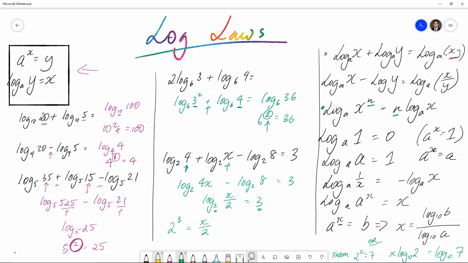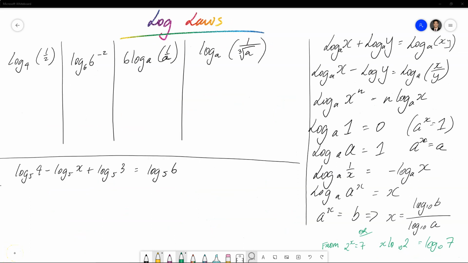In this case, we already know it. It's been given to us that it's 3. We actually just need to work out what x is. We know that 2 to the power of 3 is 8. So what does the value of x need to be so that when you divide it by 2 it gives you 8? That answer is going to be 16. So that is the value for x.